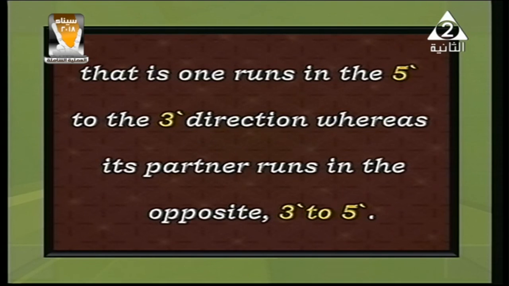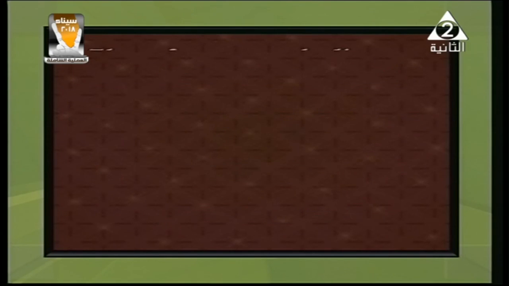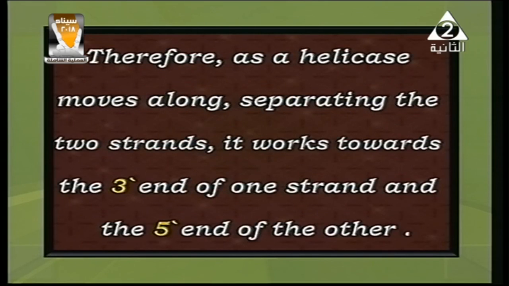The side which starts with the 5' faces the other side's 3', and also at the bottom, it starts with the 3' and it faces the 5' and so on. So the helicase moves along, separating the two strands.